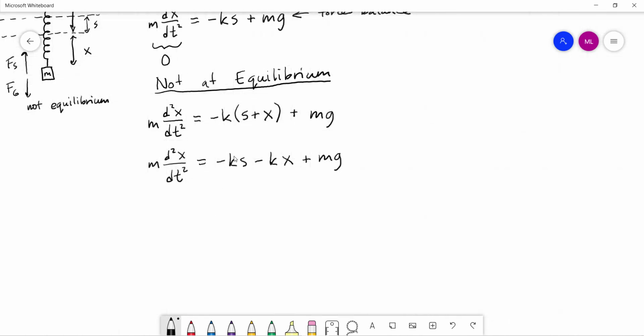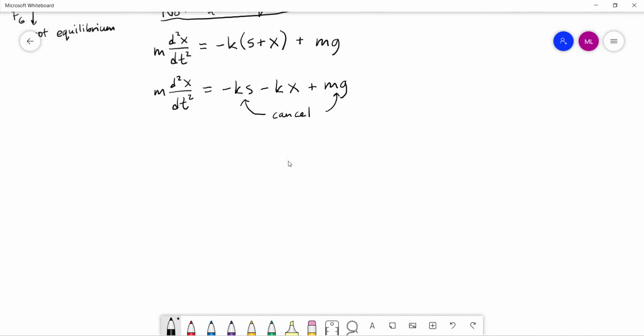This force is exactly the force that counterbalances this force. This is the new additional force that we've gotten by stretching the spring an additional distance x. So these two terms right here wind up canceling. And our equation just becomes m d squared x dt squared equals negative kx.